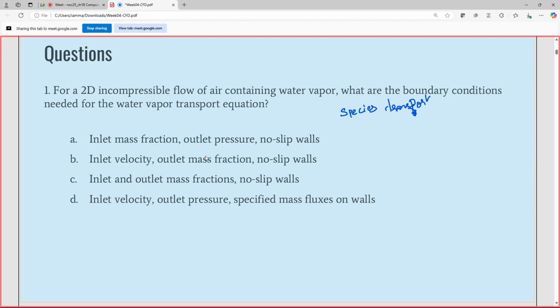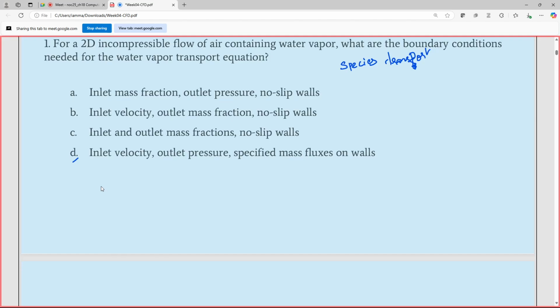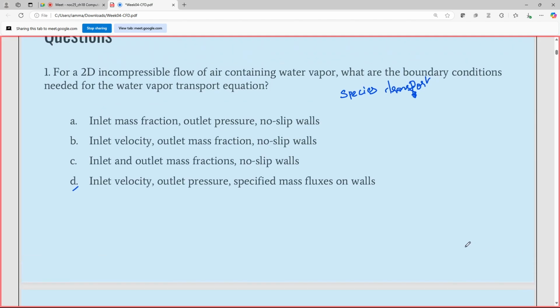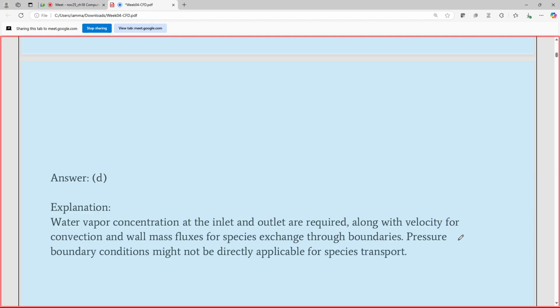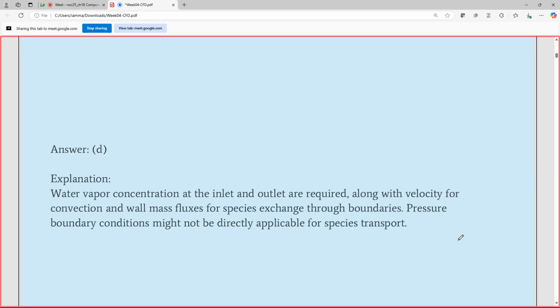So among the options, option D, inlet velocity, outlet pressure, and mass fluxes on walls, will be needed to solve our first question.